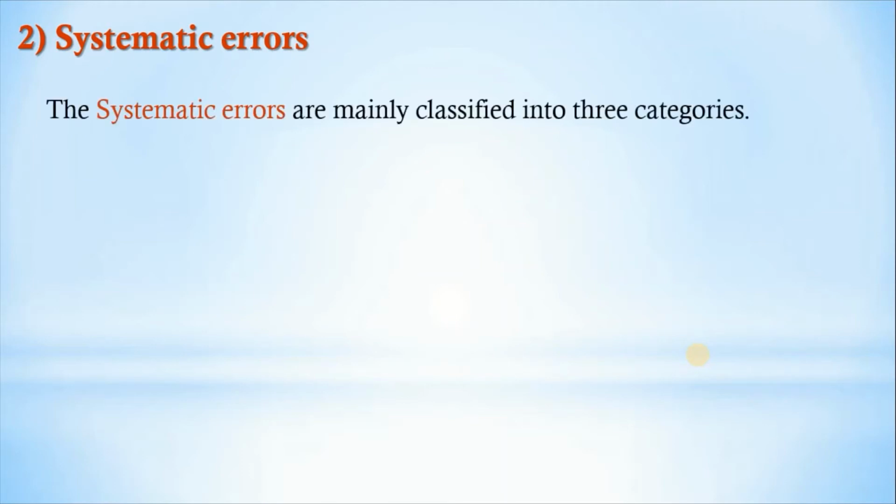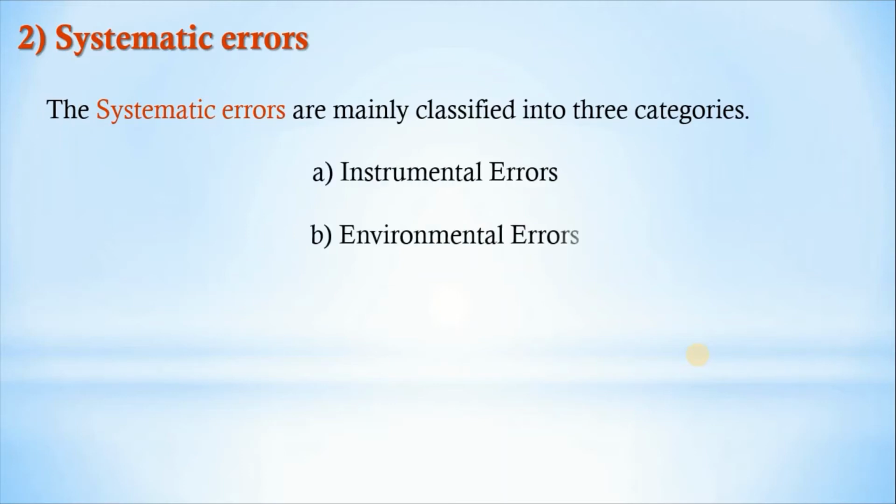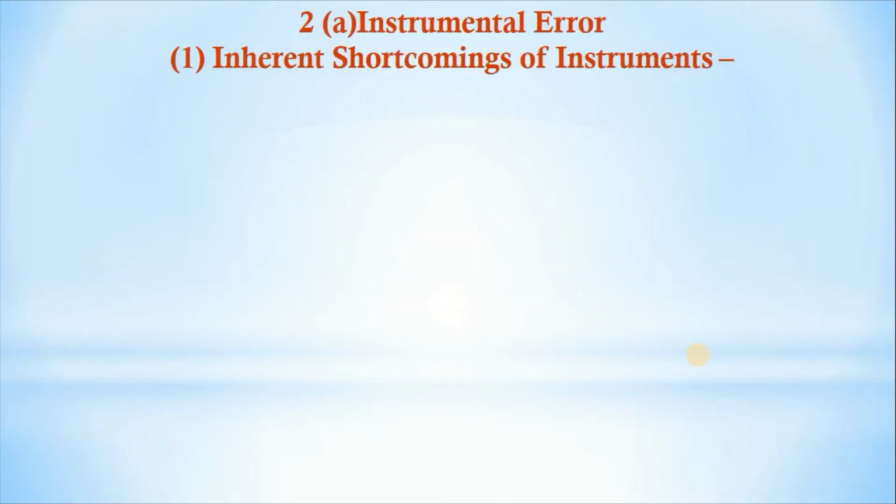Then the second type of error, that is systematic error. The systematic errors are classified into 3 categories. What are those? Instrumental errors, environmental errors and observational errors. Among these instrumental errors, first we are going to see the inherent shortcomings of instrument. What are the causes?